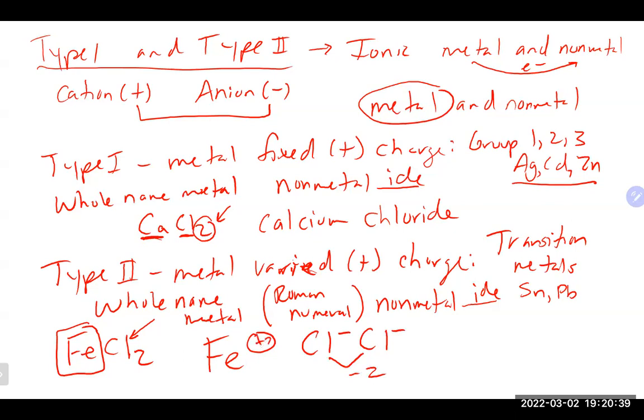That means that the iron here does have to be +2 to balance it out. And what we would do is just incorporate that into our name. And this would be iron Roman numeral 2. And again, it would be chloride, no prefix, the 2 for the positive charge that we see up there on the metal. Any questions on that stuff? I think we talked about last time altogether.